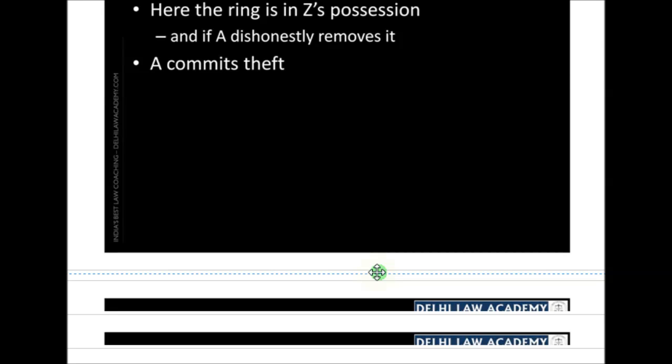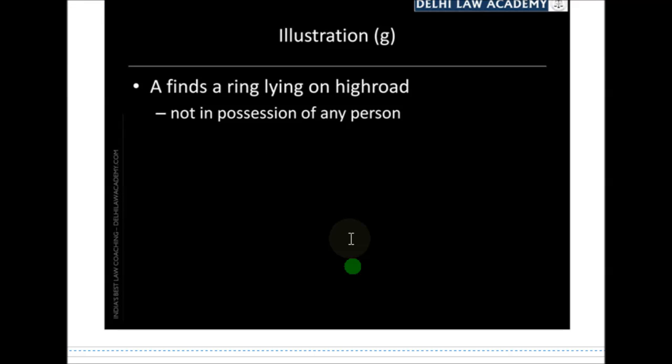Moving on to the next illustration. The facts are: A finds a ring lying on high road, not in possession of any person. Now, if A picks up such a ring, will it amount to an offense of theft? We find that A finds the ring lying on the high road, not in possession of any person.